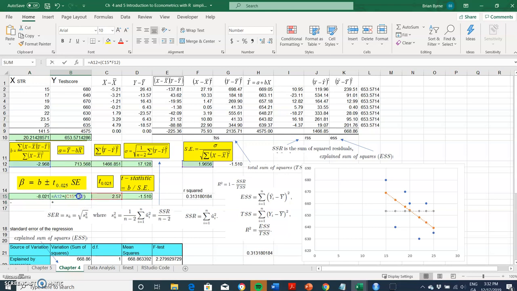How did we generate this? We took beta. So beta, this time we're adding, so plus the critical value 2.57 times the standard error, which we worked out, and that yields 2.085.